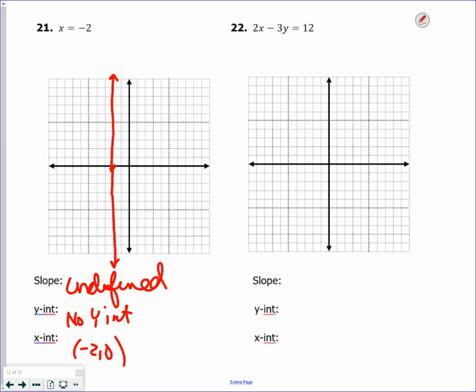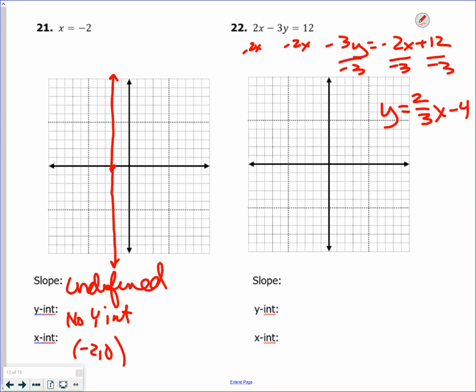22, now I have to put it in the correct form. So I need to subtract 2x and divide everything by -3. So y is equal to a negative over a negative is positive. And so I divide both of them. This is in the correct form. What does that mean? My slope is now 2/3 and my y-intercept is 0, -4.